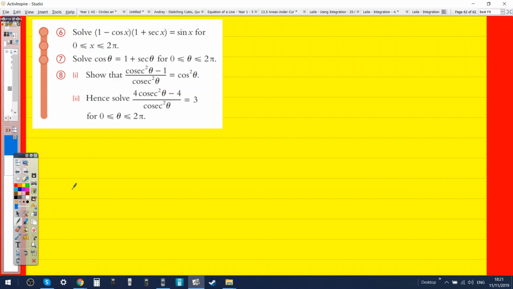I'm not too sure how to go about it. What is sec x? That is 1 over cos. So 1 minus cos x, that's 1 plus 1 over cos x. And I think just go for it. Equals sin x. Yep.